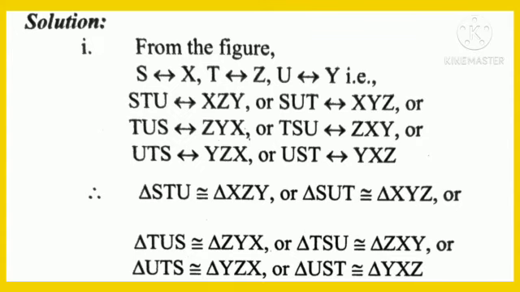So, in the given triangle STU and triangle XYZ, vertex S corresponds to vertex X, vertex T corresponds to vertex Z, vertex U corresponds to vertex Y. That is, STU corresponds to XZY. Hence, we can say triangle STU is congruent to triangle XZY.